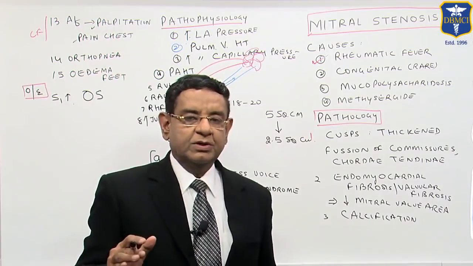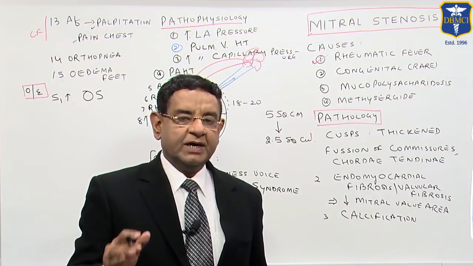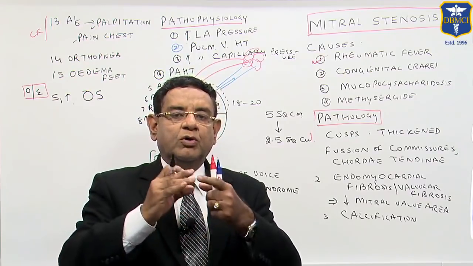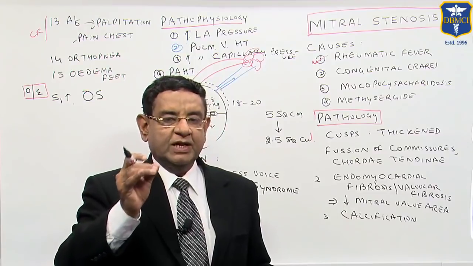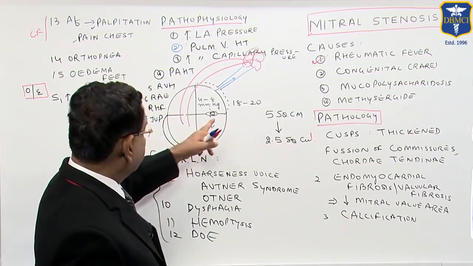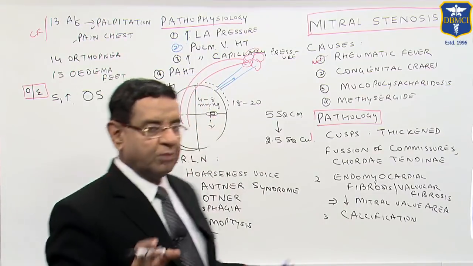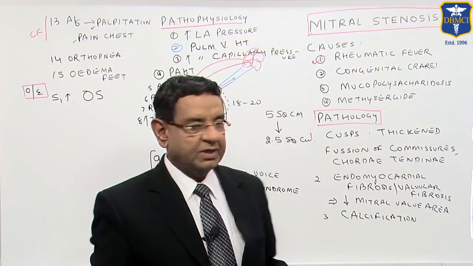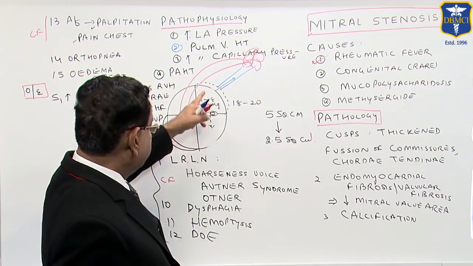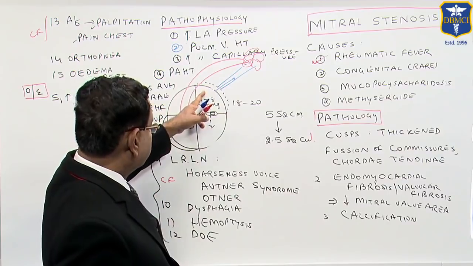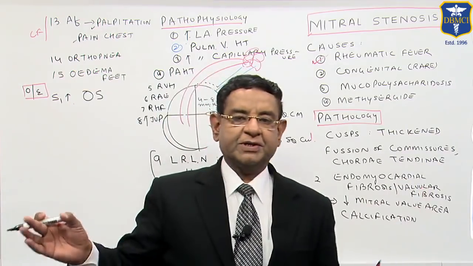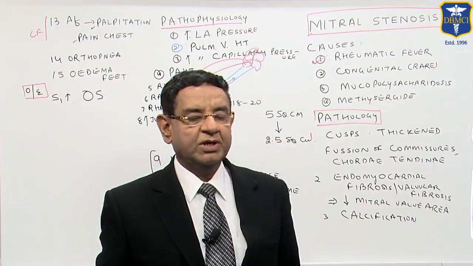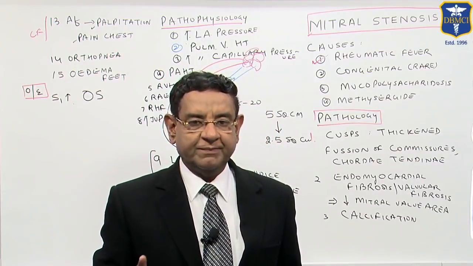Opening snap occurs due to opening of the mitral valve. As you know very well, normally when the mitral valve opens, it does not produce any sound. But here LA pressure is very, very high, about 18 to 20, so these valves open with great pressure and produce a sound, the so-called opening snap.